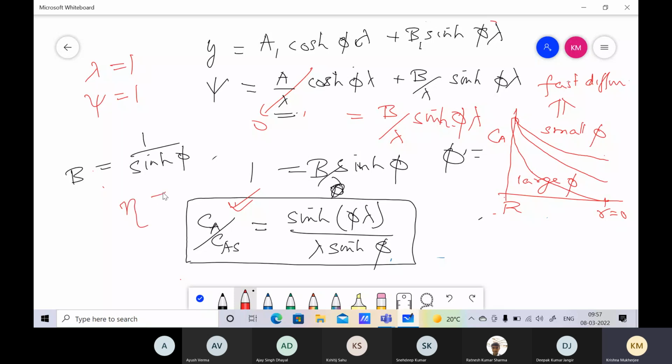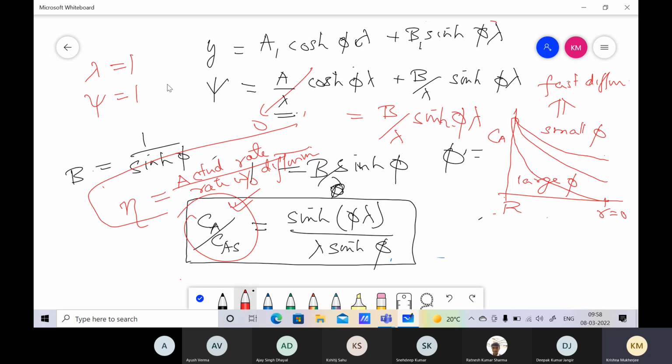Yeah, so now I leave it to you to find out what is efficiency: actual rate upon rate without diffusion. Next class we will do this, but I wanted to tell you, you know CA by CAS, please do not integrate it. Integrating is one method of solving, but what is the trick that you will use?